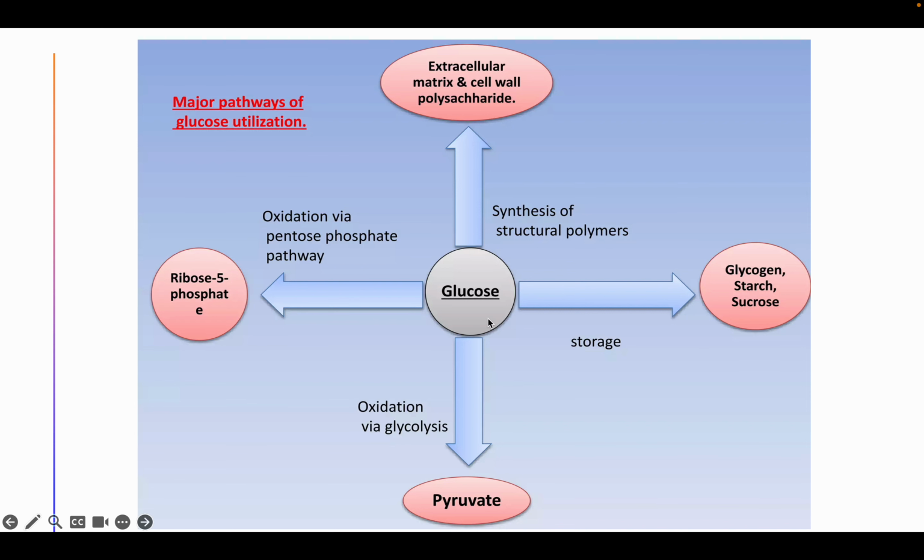Glucose is also required for the formation of extracellular matrix and polysaccharides, so glucose can go in this pathway as well. So as you can see, glucose has different pathways based on the needs of the cell and the needs of the host, and today we are going to talk about the pathway of glucose to pyruvate.